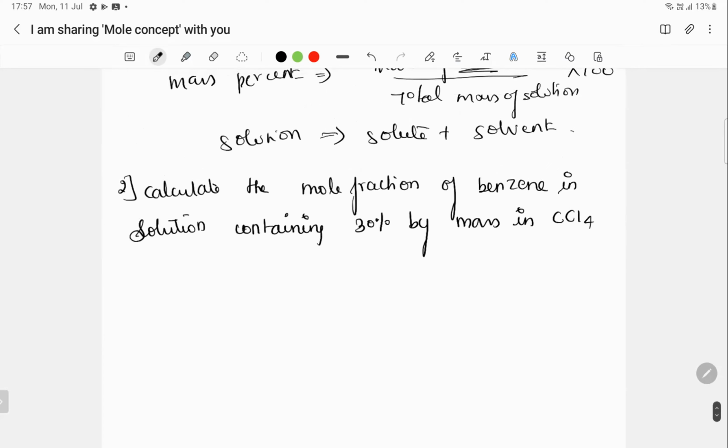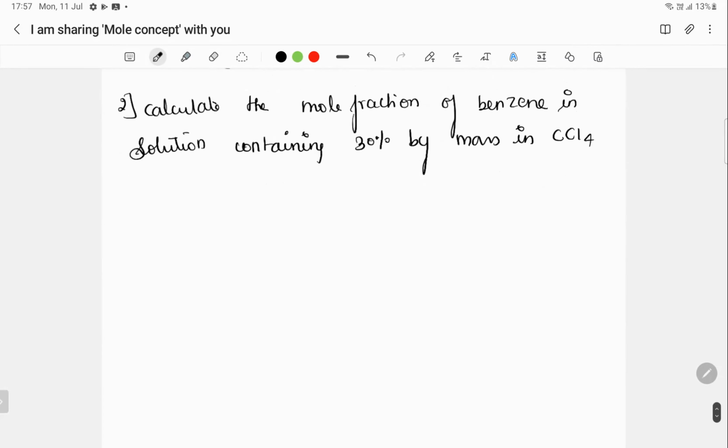So this is the last topic we saw today, mole fraction. Try it. We just saw it. Let's see, try it.